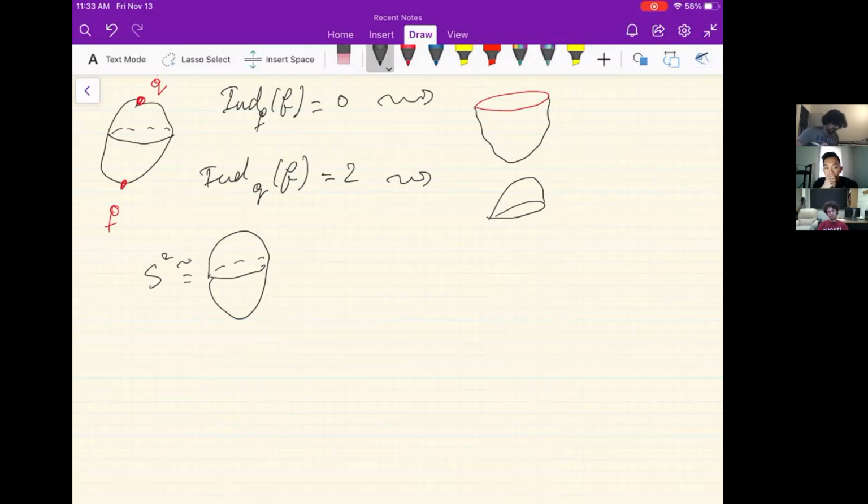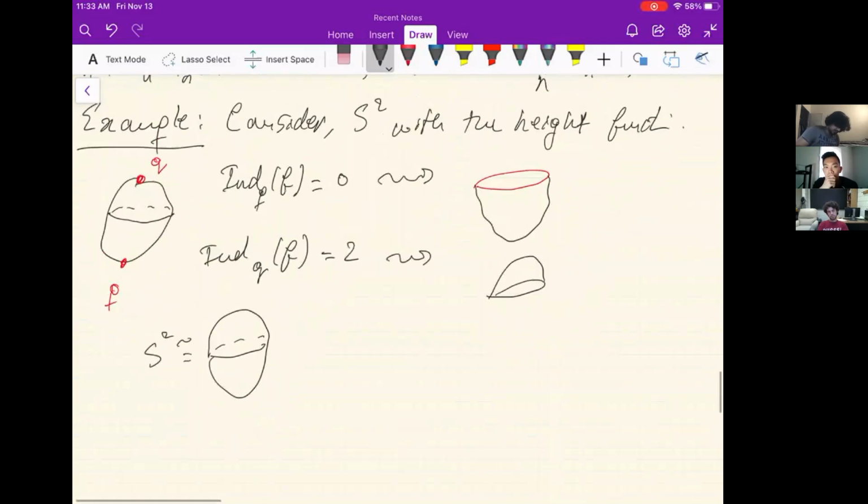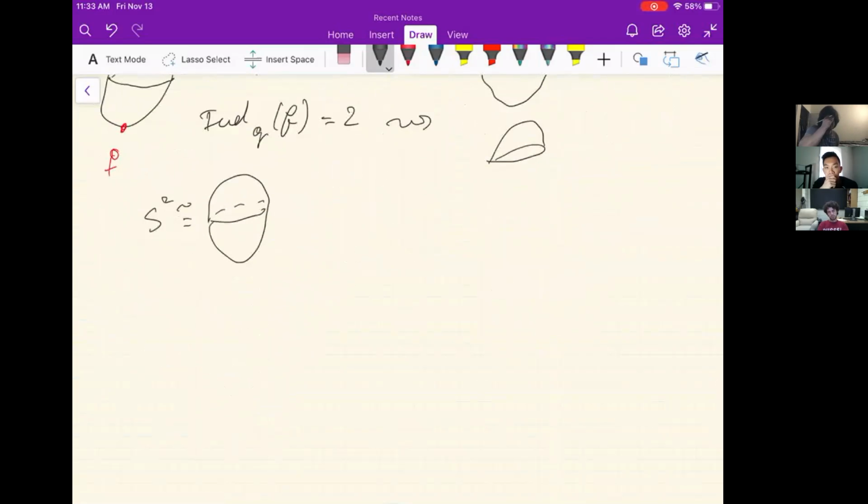That's something nice to know. And in fact, it is used by Milnor when he proved the exotic seven spheres are homeomorphic to the same thing, but they don't have the same smooth structure.